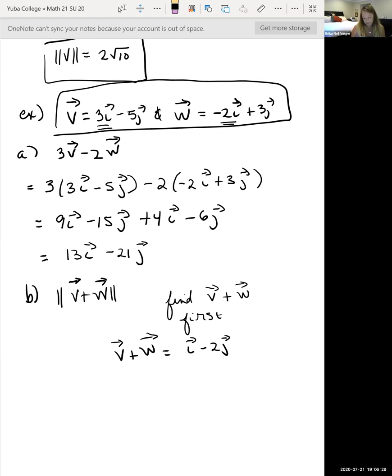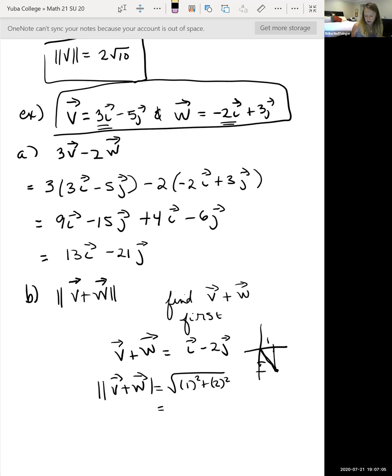So this right here, if we think of this as our vectors and we graph this in the position vector, then this would be at 1 and negative 2. So we would be down here. And we can think again about we're looking at magnitude. So we're looking at this length. And so to find that magnitude, this is equal to the square root of our 1 squared plus 2 squared.